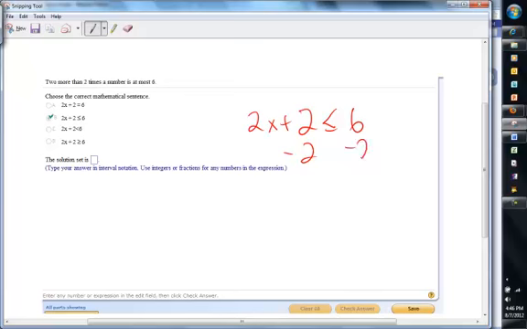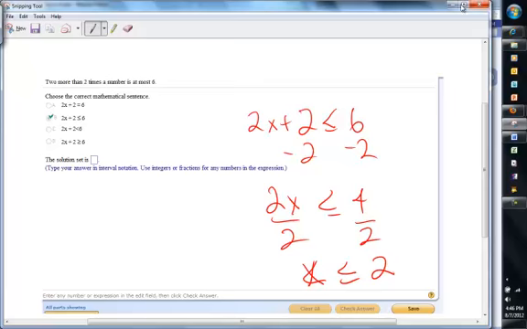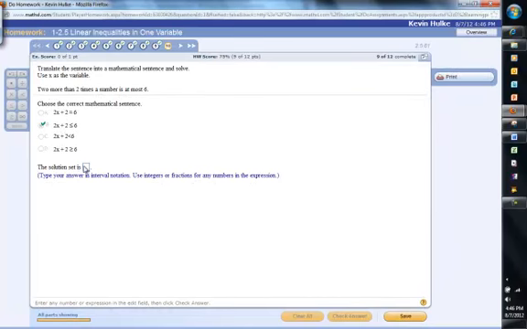Subtract 2 from both sides. 2x is less than or equal to 4. Divide both sides by 2. X is less than or equal to 2. So the solution set is parentheses, negative infinity, comma 2, close bracket.